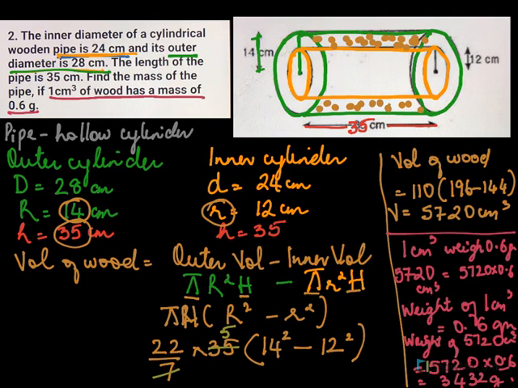To summarize the sum, this was number 1. It was a hollow cylinder, means we have to do outer volume minus inner volume. That's what we did here, outer volume minus the inner volume to find the volume of the wood. Once we found the volume of the wood, we have to find the weight of it, and we use this 1 centimeter cube equal to 0.6 grams, and we completed the sum.